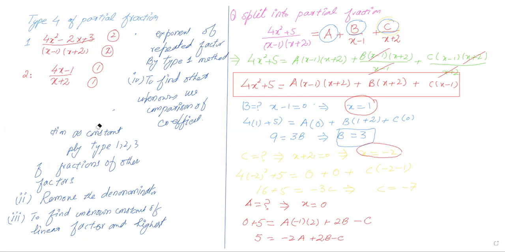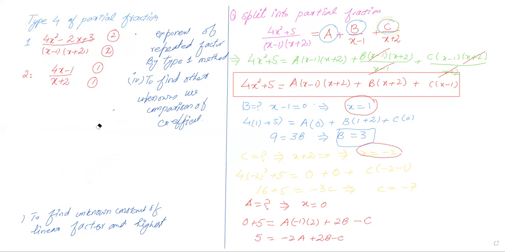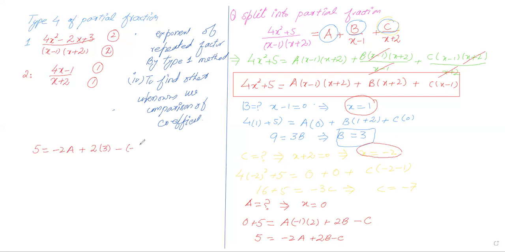I will just erase the board so that you can understand in a more appropriate manner. Replacing the values of B as well as C, 5 will remain as it is, -2 times A, which is unknown, plus 2 times B. The value of B is 3 over here, and the value of C is -7.